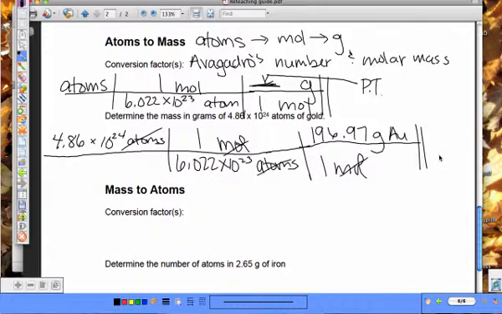Just make sure your two exponent numbers are in parentheses. It should be larger than 196.